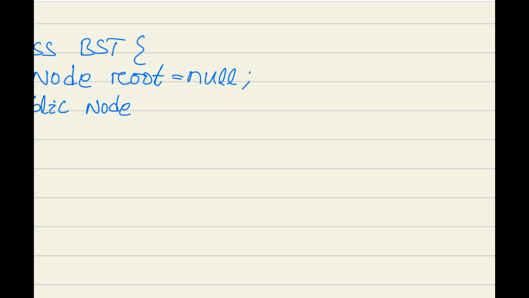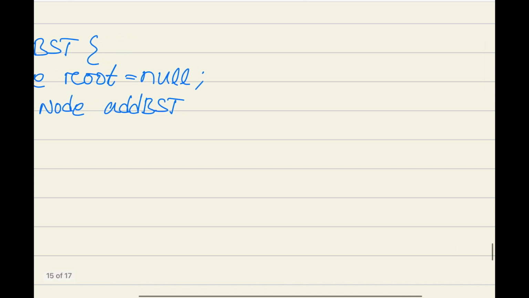So public Node, then the name of the method is addBST, and it takes two parameters, one is root, another one is the new node, or the value of the element present in the new node.